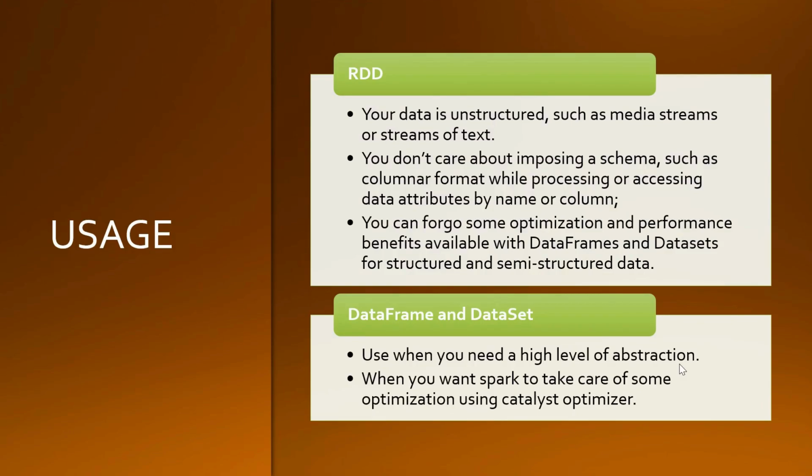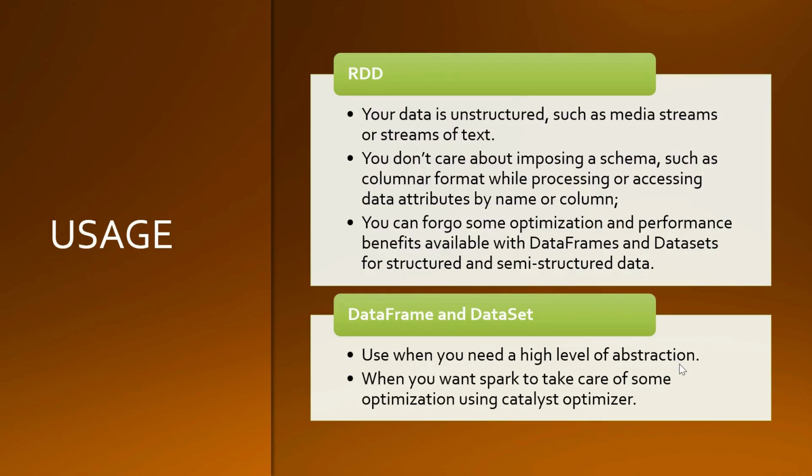And if you are not so concerned about the optimization and performance benefits available in data frame and dataset, for structured and semi-structured data, you can still go with RDD because RDDs are the base level and Spark can understand it very easily and process the data. So in these scenarios, you can use RDD. But if you want some optimization to be taken care of by Catalyst Optimizer, then go with data frame and dataset.